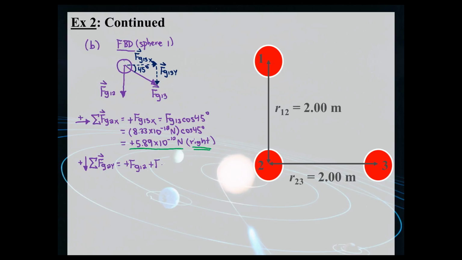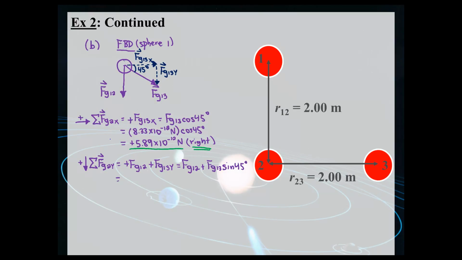So we have positive FG 1,3 y. If we expand that a step further, that would be FG 1,2 plus FG 1,3. And we're dealing with the y component, which is on the side opposite of our angle, so that's the sine angle.